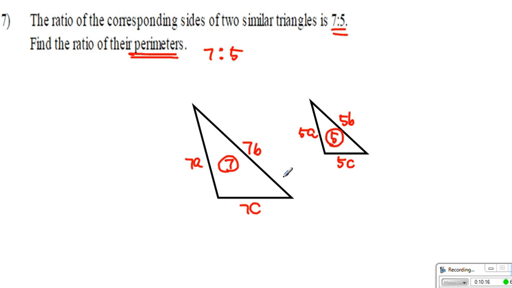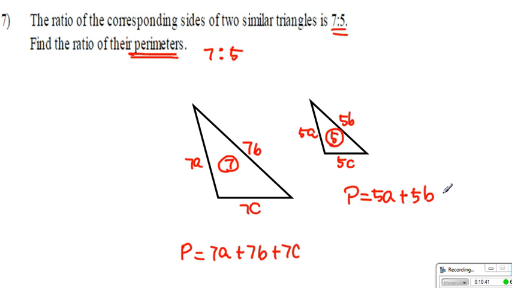We get to have two similar triangles in the ratio of 7 to 5 on corresponding sides. Then perimeter here becomes 7a plus 7b plus 7c, while the perimeter for the smaller one becomes 5a plus 5b plus 5c.